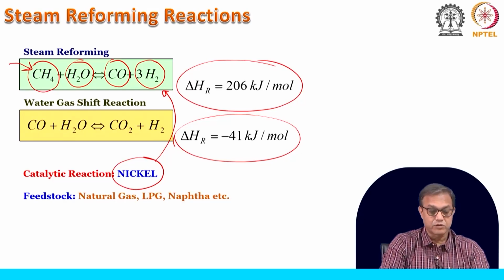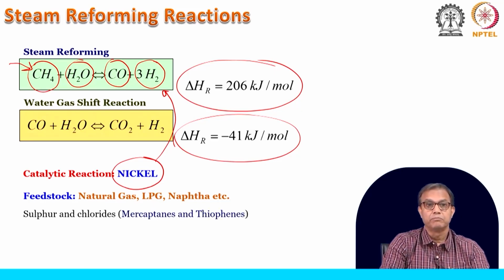The feedstock being natural gas, LPG or naphtha, these are natural components, and they may always have some sulfur and chlorides.